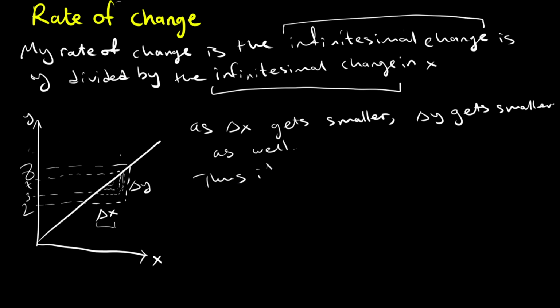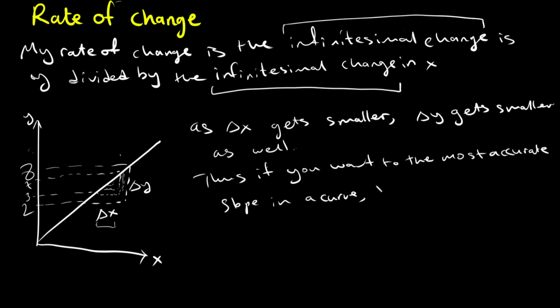Thus, if you want to find the most accurate slope in a curve, dy and dx, the delta y and delta x, will get infinitely smaller, right?